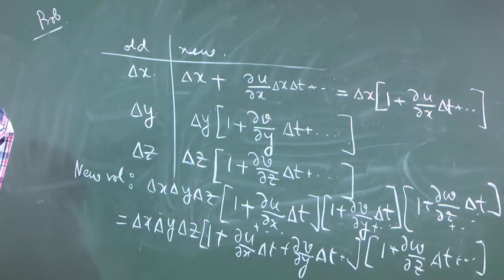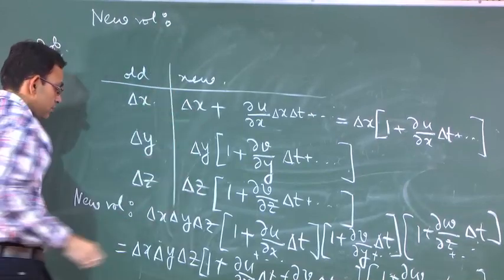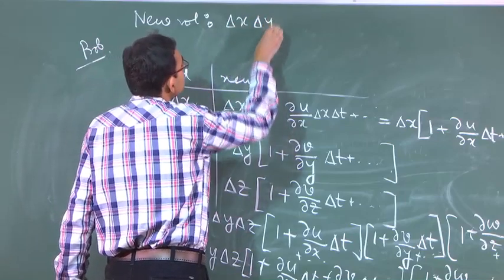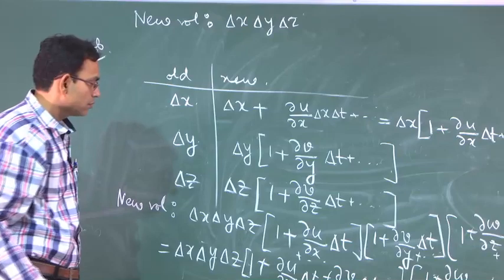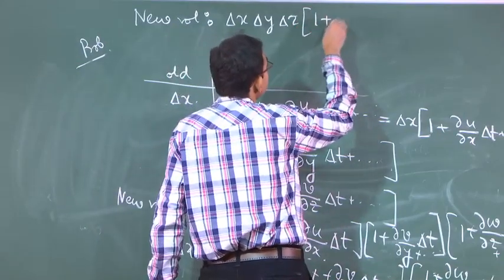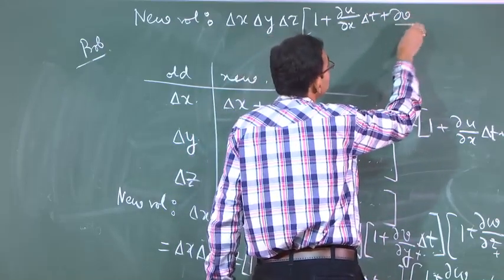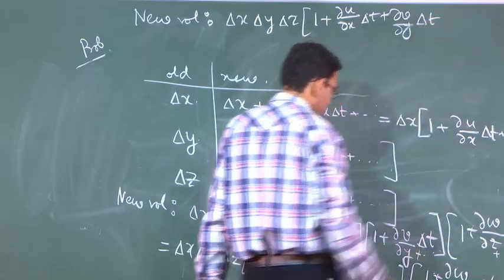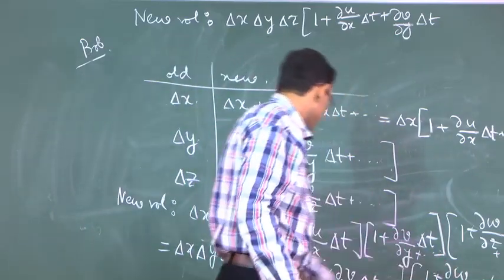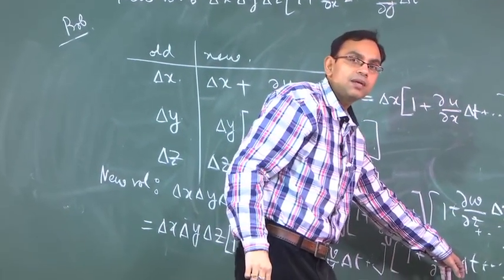So, the new volume. You multiply the first term with 1, then the second term you just multiply with the first one, because when the remaining ones get multiplied it becomes delta t square.